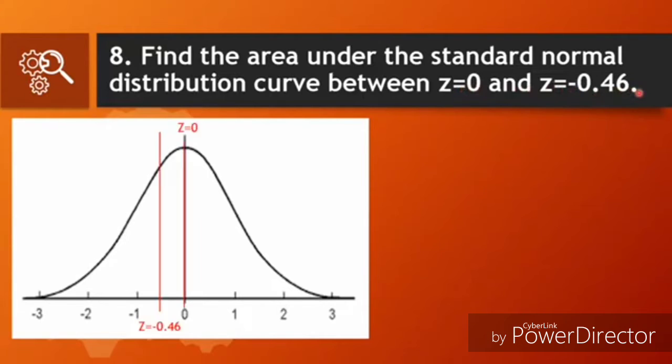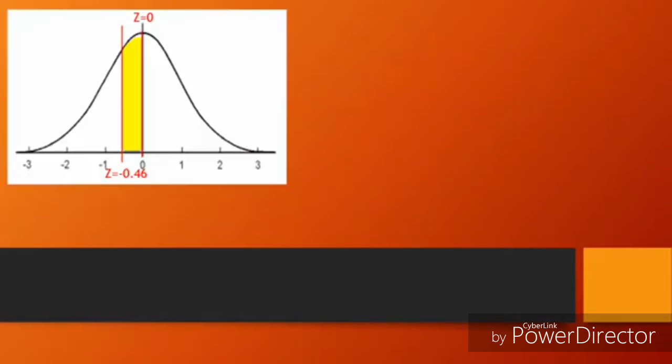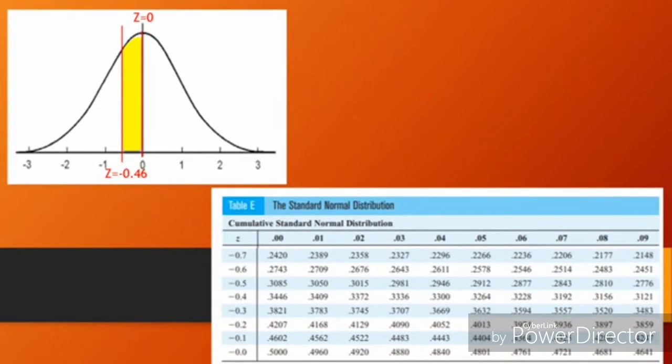Let's say, for instance, we have this normal distribution curve, and this line is z equal to negative 0.46, and this line is z equal to 0. We will find the yellow part, which is the area between z equal to 0 and z equal to negative 0.46. For us to solve it, we will use the standard normal distribution table.